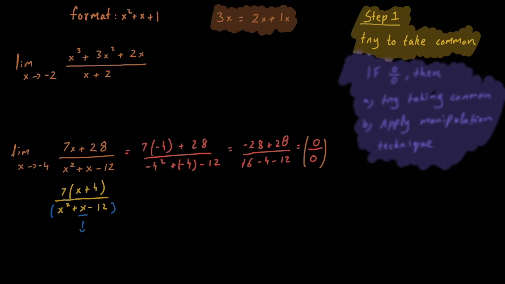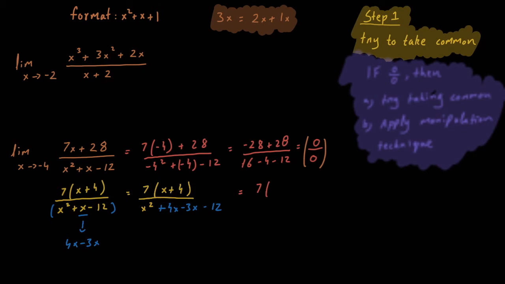We can write x as 4x minus 3x. So our expression would become 7 times x plus 4 divided by x square plus 4x minus 3x minus 12.